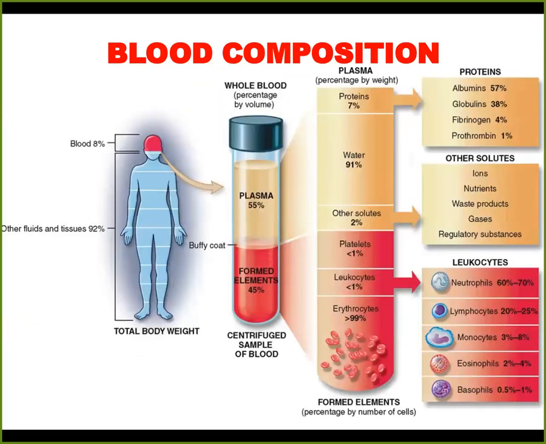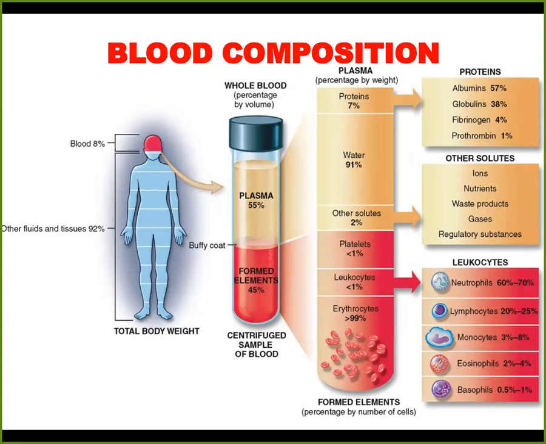The main components of blood, you know, are plasma and formed elements, and usually the total amount of formed elements is slightly less compared to the amount of plasma. Formed elements divide into three groups: white blood cells, red blood cells, and platelets.